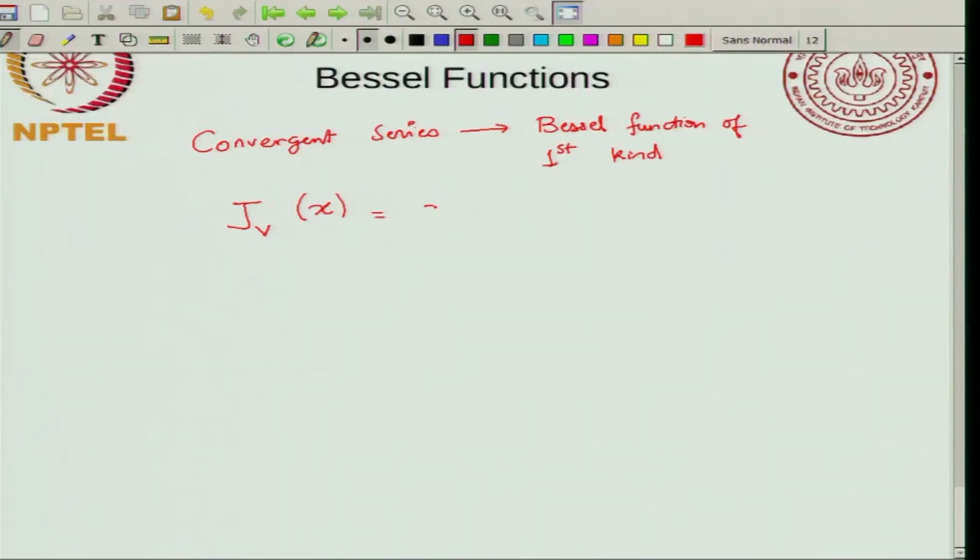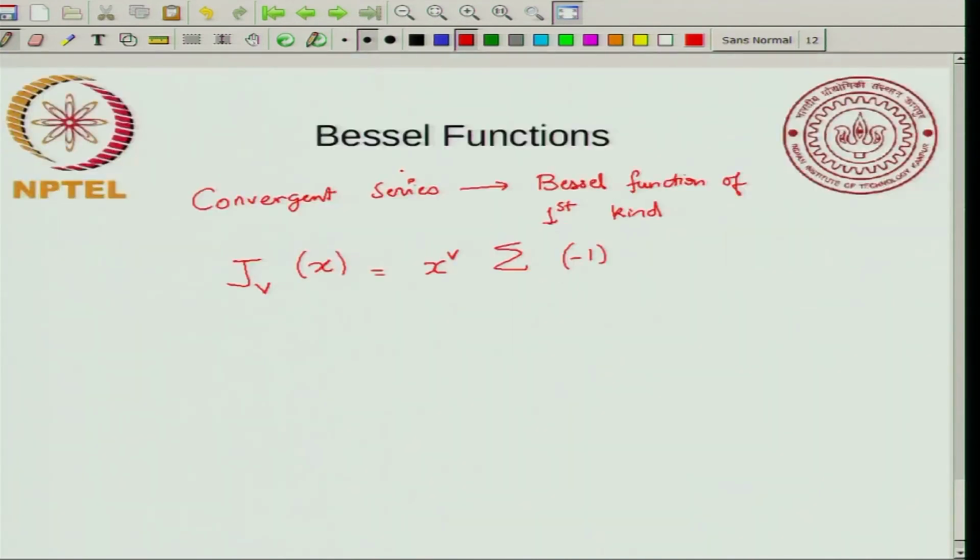So, Bessel function is actually an infinite series. What is the infinite series? J v of x is basically x raised to v times the sum. The x raised to v was the prefactor, since you had x raised to n plus v, so I just took x raised to v outside.